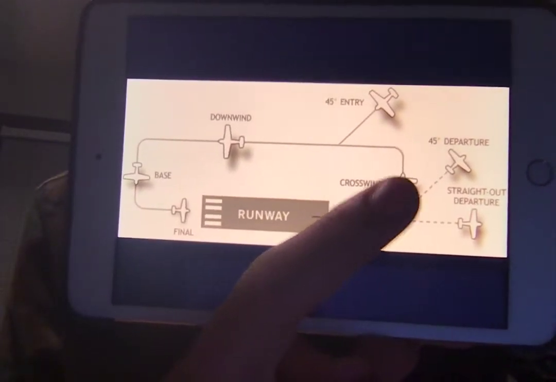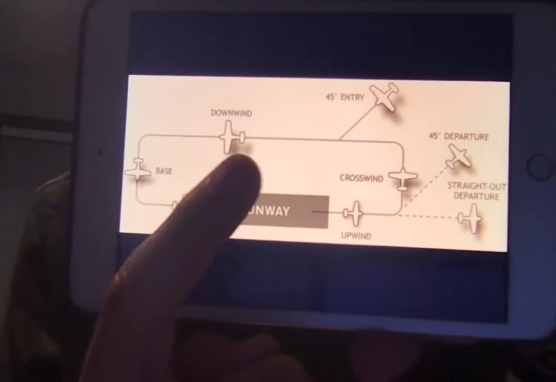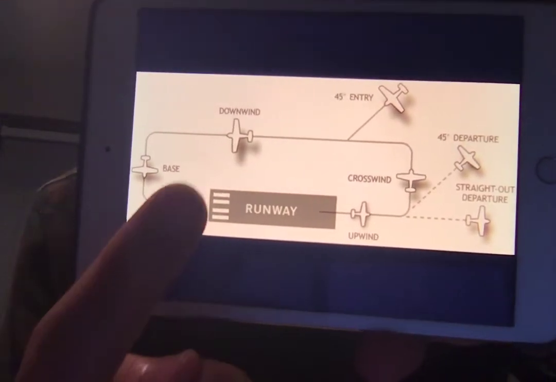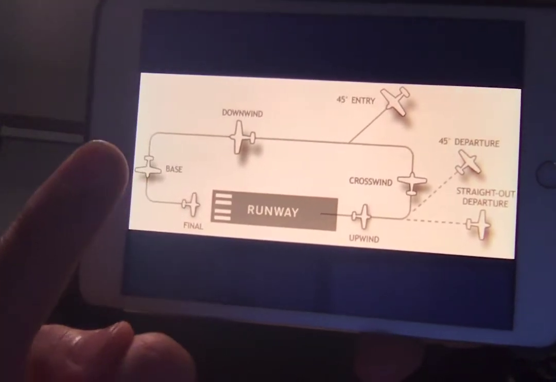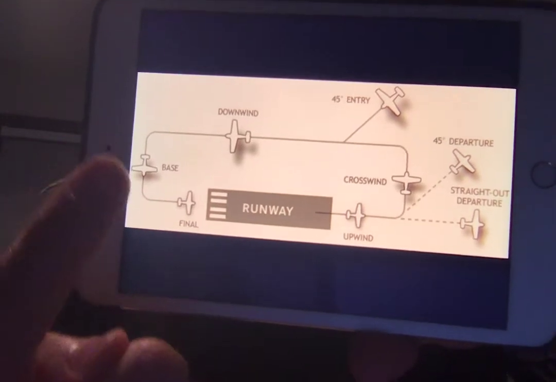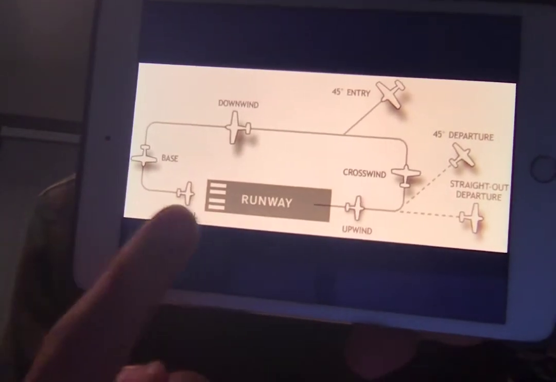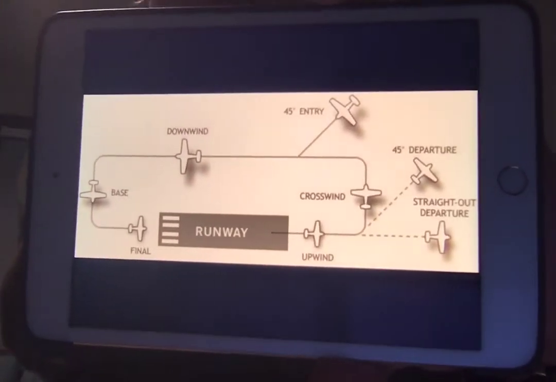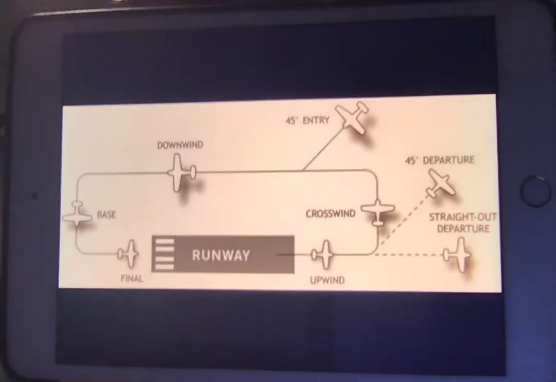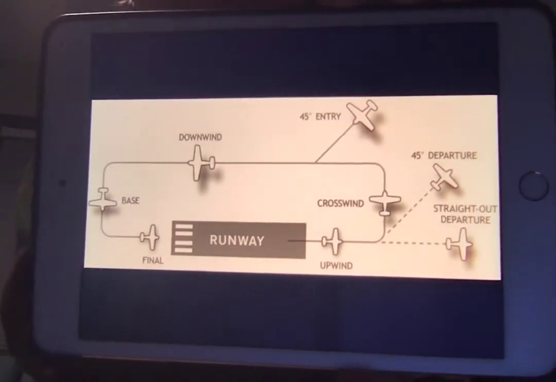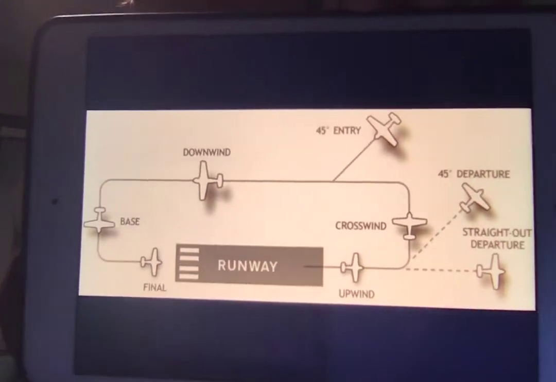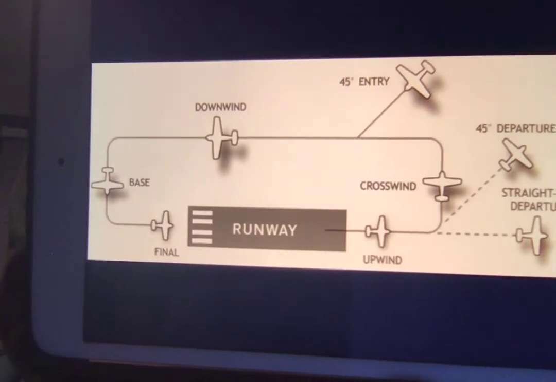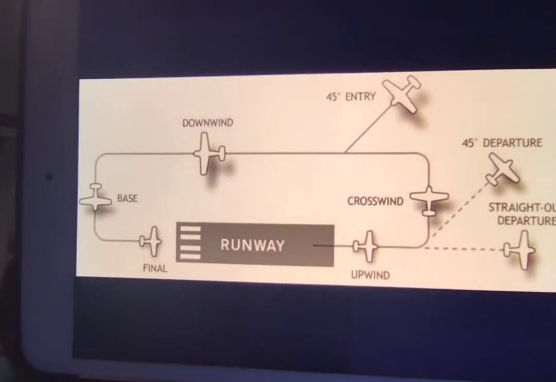That crosswind extends into the downwind. And then as you come around, the base is the turn right before you turn to final. These are just the names for the rectangular pattern. It's pretty simple, but can be confusing at times.